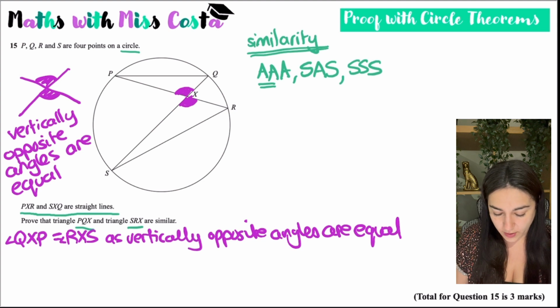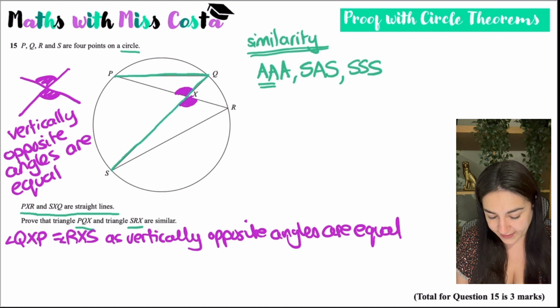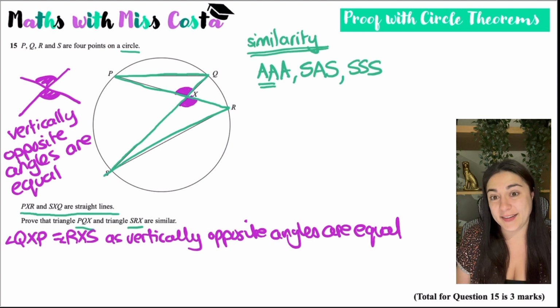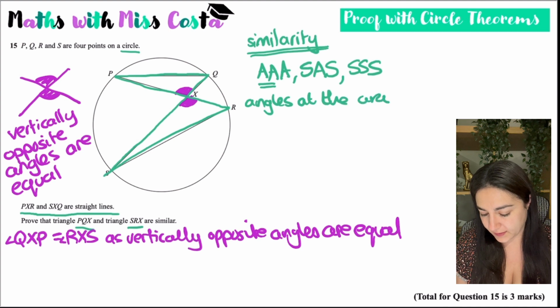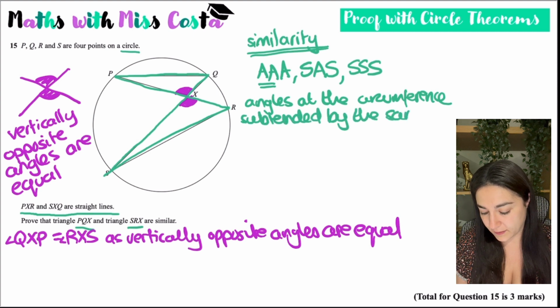Then what I can do is I'm going to look. I know that I've got 2 angles that are at the circumference. Okay, so over here, this circle theorem is angles at the circumference subtended by the same arc are equal.